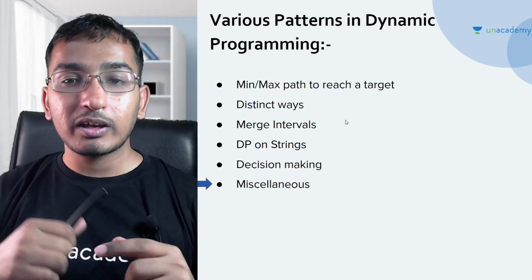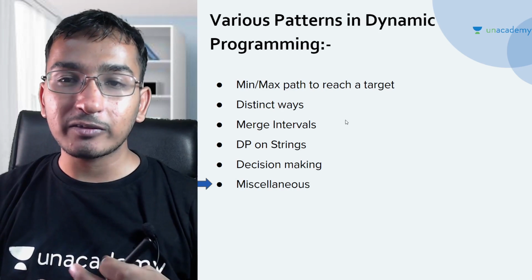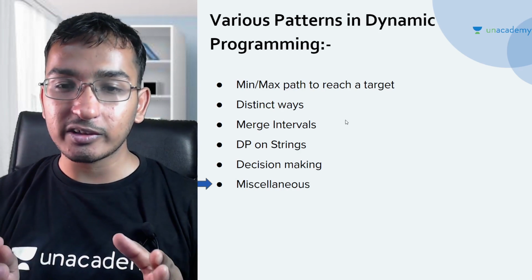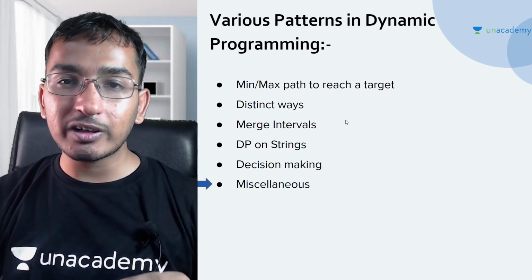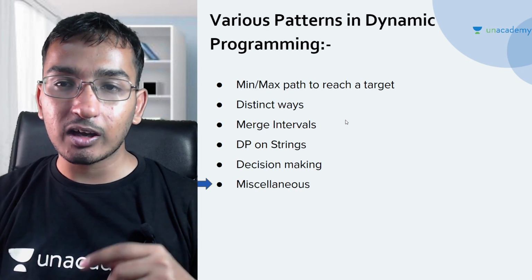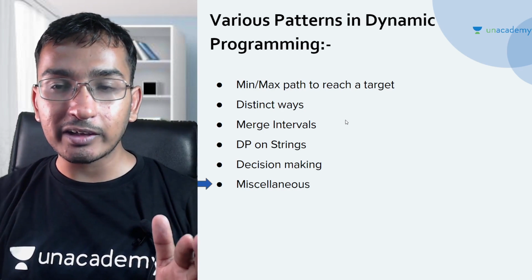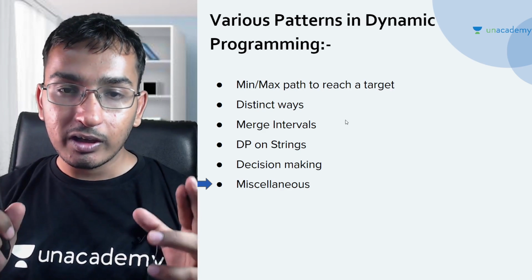In the homework problem you have to identify the pattern of that problem, because we have seen all the patterns: distinct ways, merge interval, DP on string, decision making. You have to identify which pattern is in that problem. You will realize that 99% of dynamic programming problems lie in these patterns.